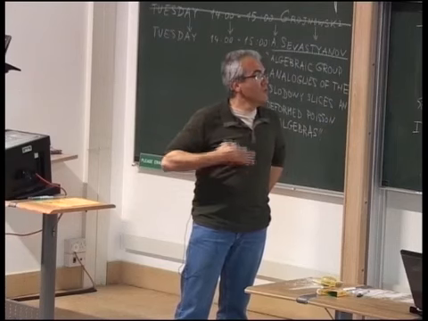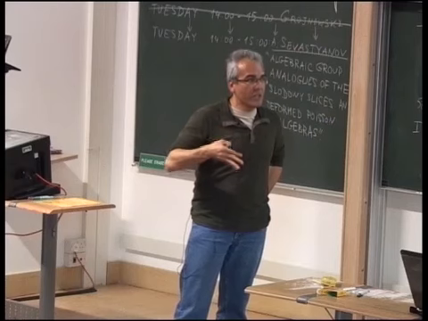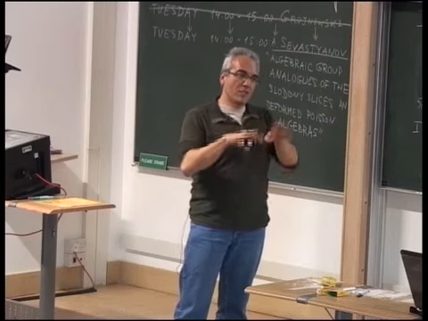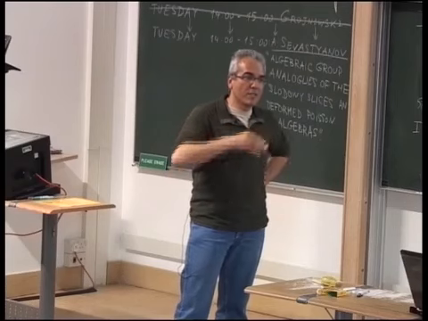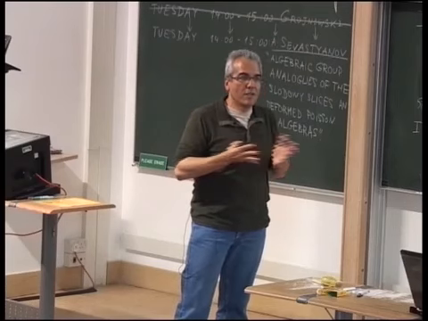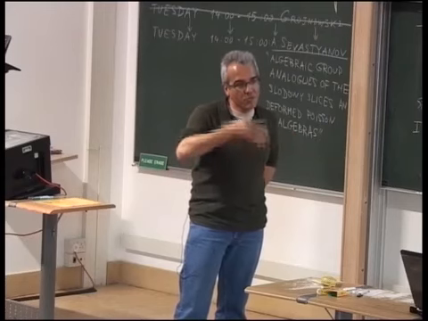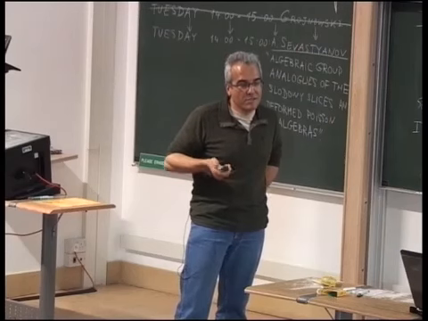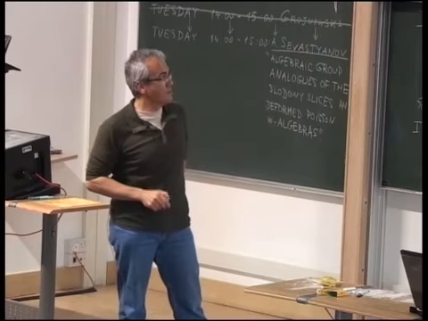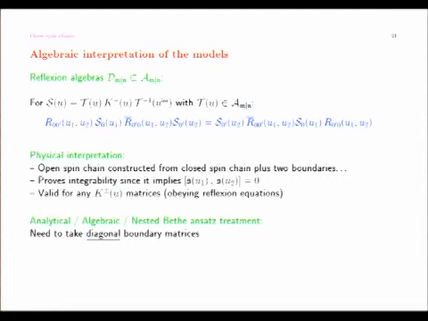If you assume the new reflection equations which connect the K plus and K minus matrices, you just have to assume that these relations hold, then you can prove that it works. Okay, so that's it. So diagonal matrices.